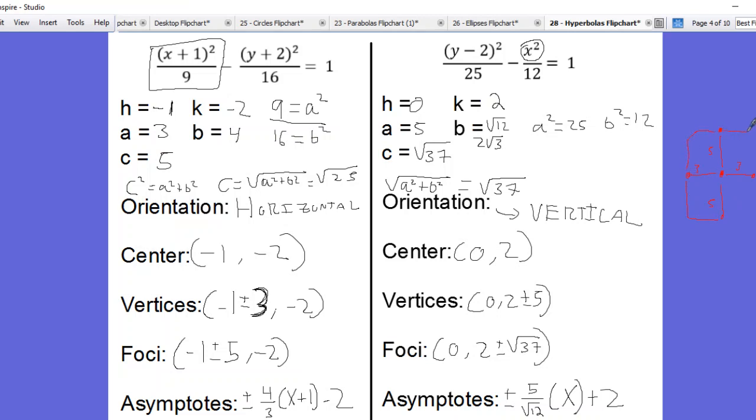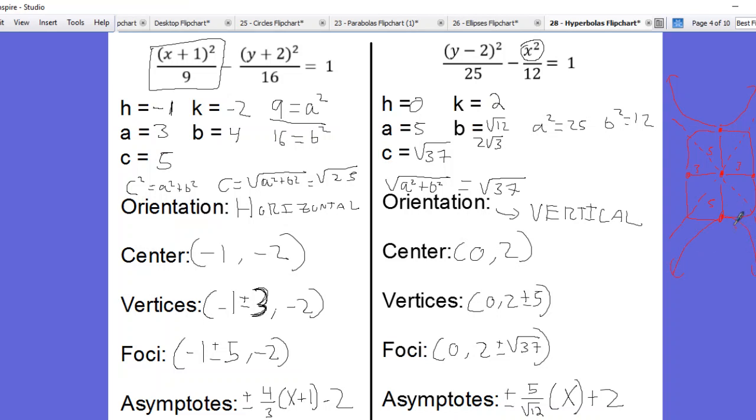You draw the box. So you draw a rectangle from all your axes, and you draw asymptotes that go through the corners of the rectangle, but go through the center. And then you draw parabola-like shapes that approach the asymptotes from your vertices.